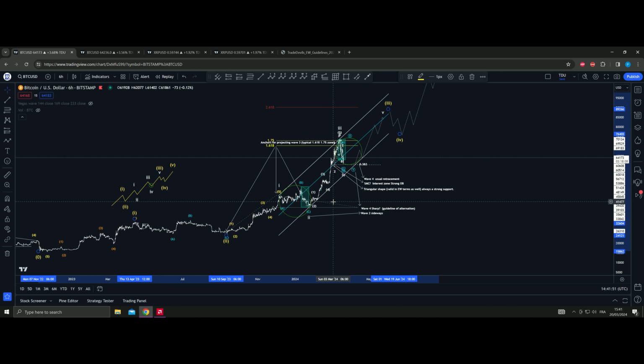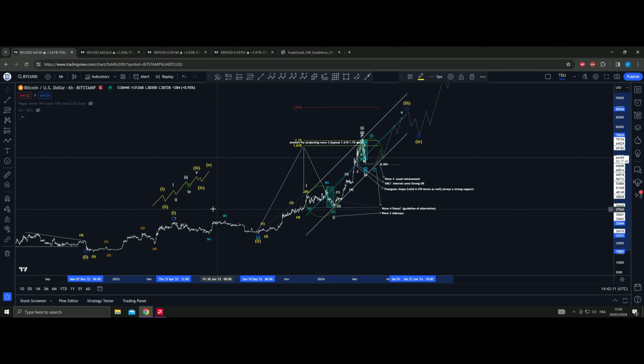But considering the fact that we had a 1, 2 and a 1, 2 that were, in my opinion, sideways. So this was a flat for me and another expanded flat here. So now I'm expecting a sharp drop in wave 4, which happened, and another sharp drop in a larger wave 4 that's going to complete this magnitude impulse.